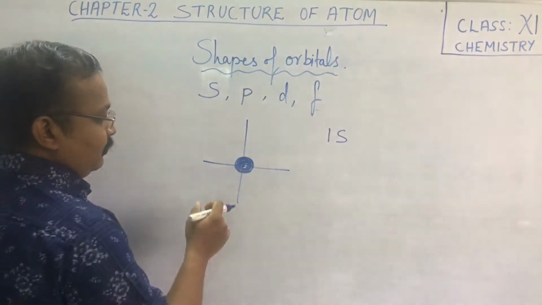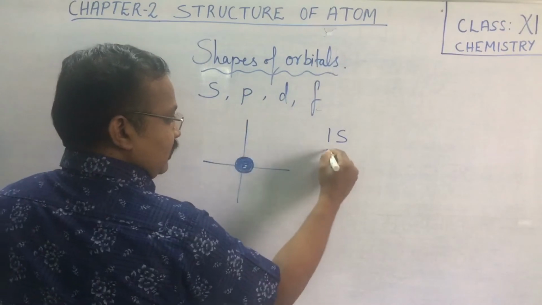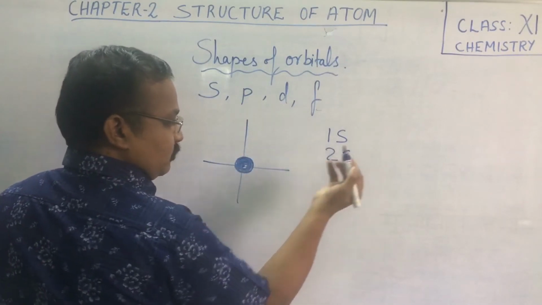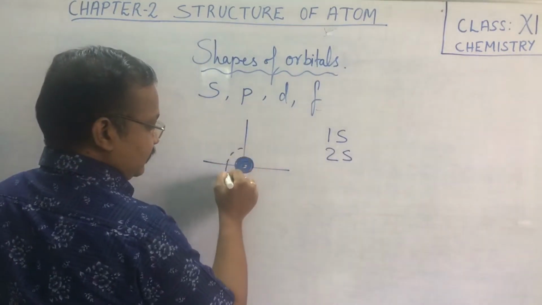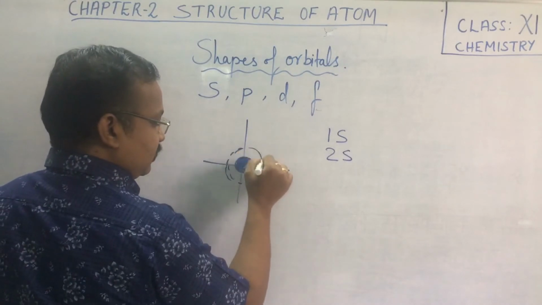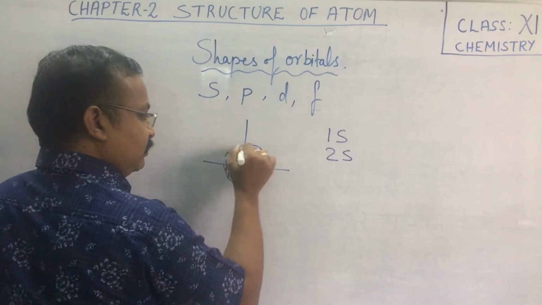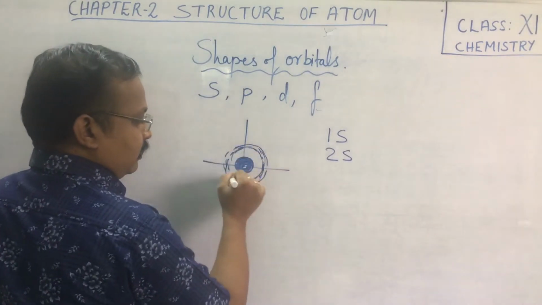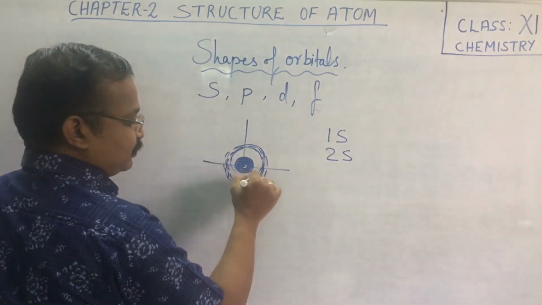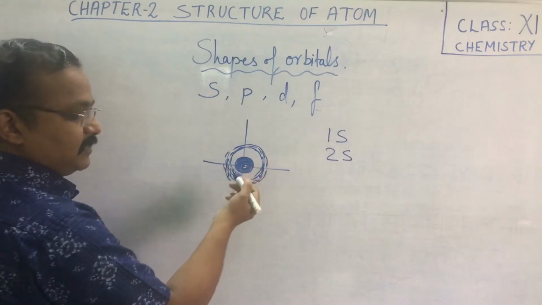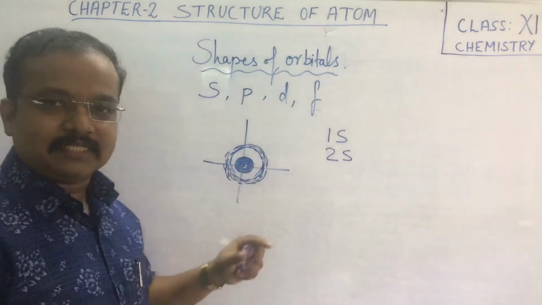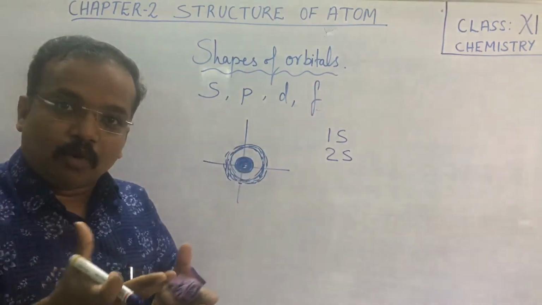Now if in the second energy level s orbitals are there, you can represent that as a spherical shape around this first one, another spherical ball-like shape.